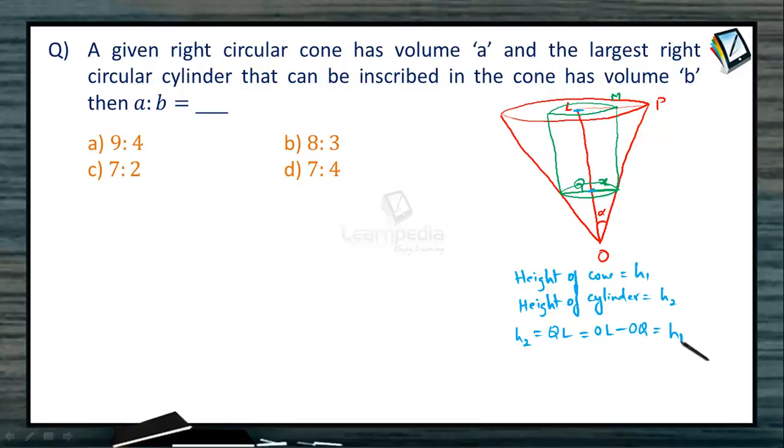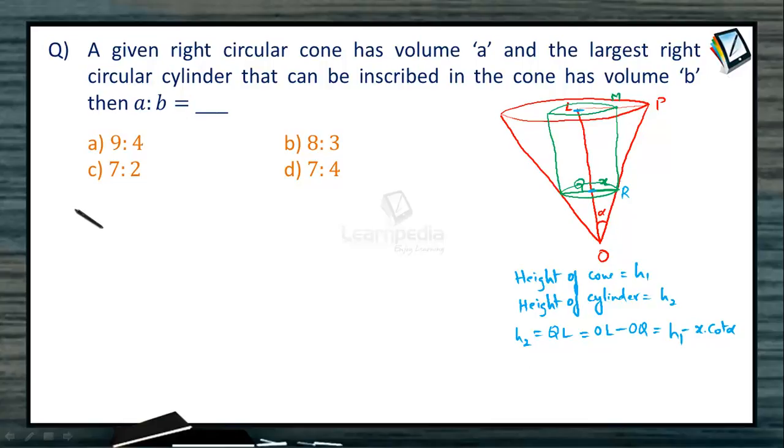That would be H1 minus X times cot alpha, because the triangle formed with OQ and this edge, say R, would be a right angle triangle. Then OQ would be X times cot alpha, right? So we are able to express H2 in terms of H1.